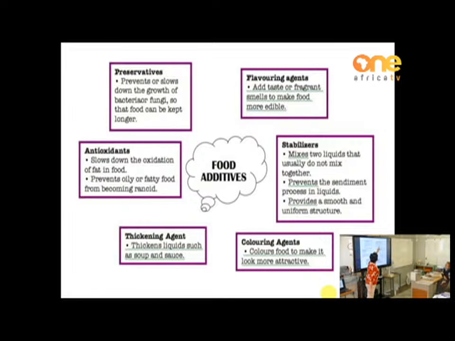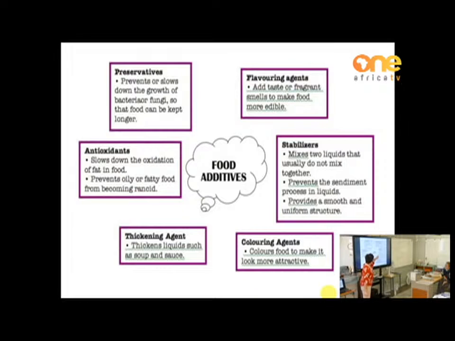Flavoring, taste and fragrance. Stabilizers, mixing two liquids that usually do not mix together. I need a stabilizer because I do not want, when I buy yogurt, the top layer to be only water and all the thick part at the bottom. No, that is a stabilizer to make sure that it does not separate in the container.